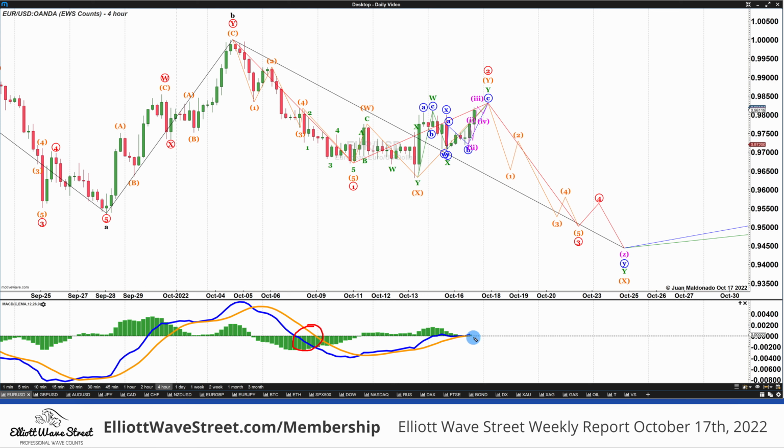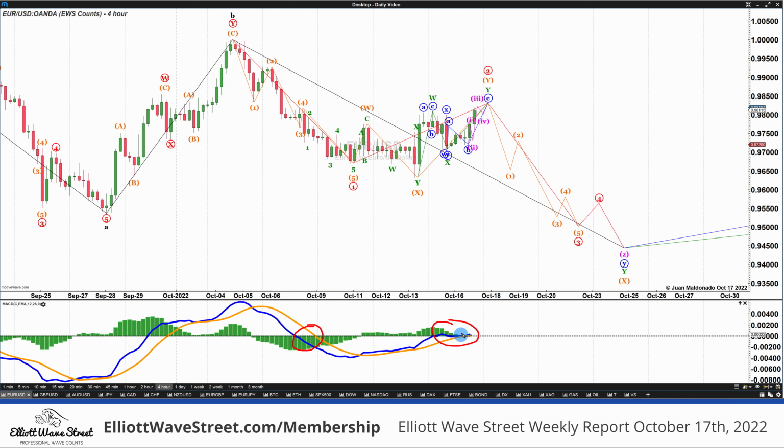But look at the difference right now with the live market cross. Completely different. When they approached the zero line in this area, they were absolutely bearish because the signal line and the MACD line were apart from each other when they were crossing the zero line.